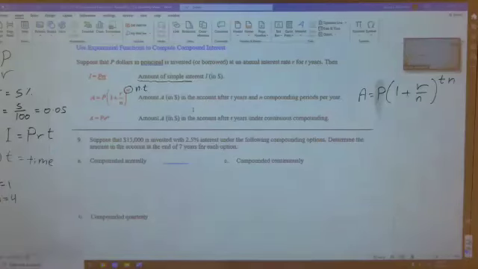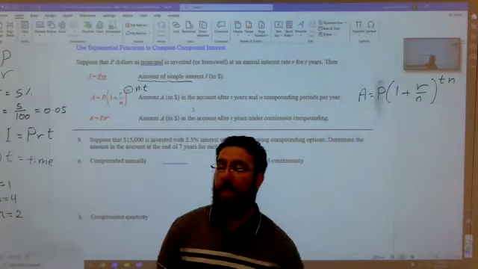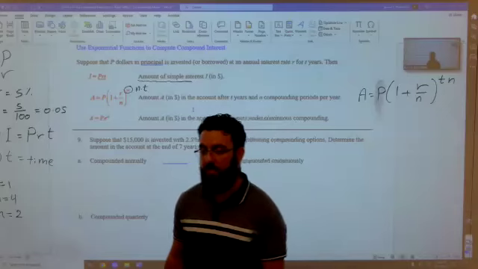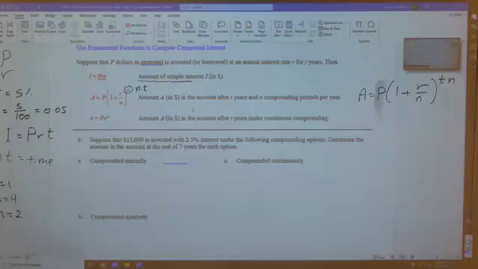Semi-annually, that means N is going to be equal to 2. If I tell you I'm going to give you interest monthly, compound monthly, that means how many times every year? 12 times. So N is going to be 12.